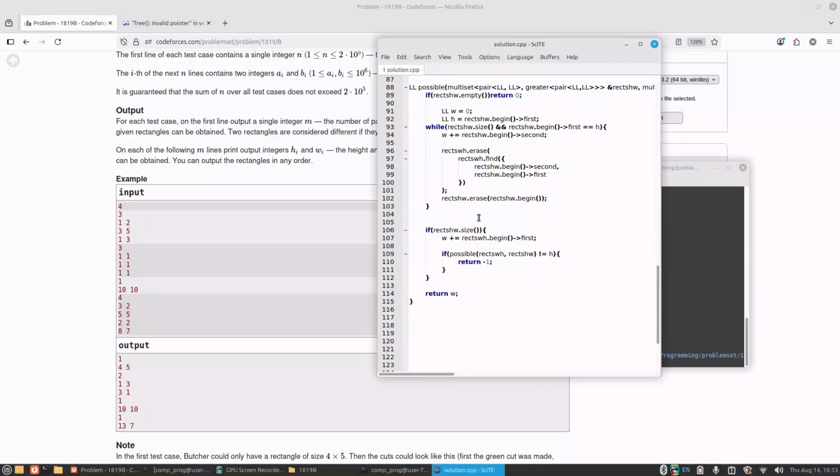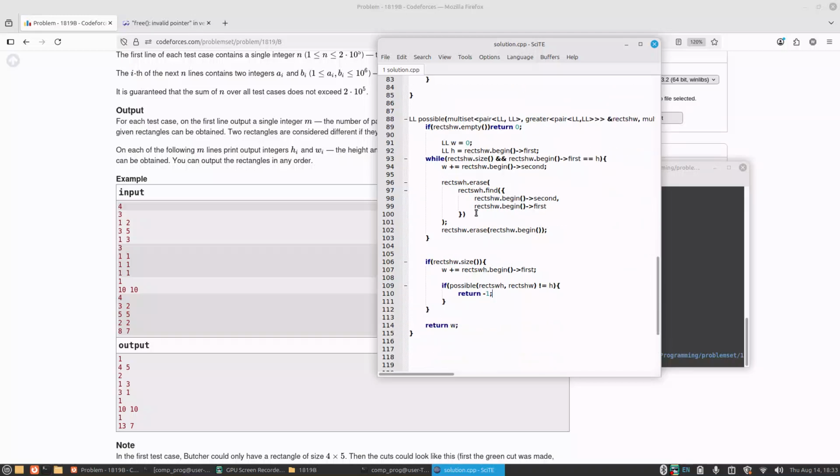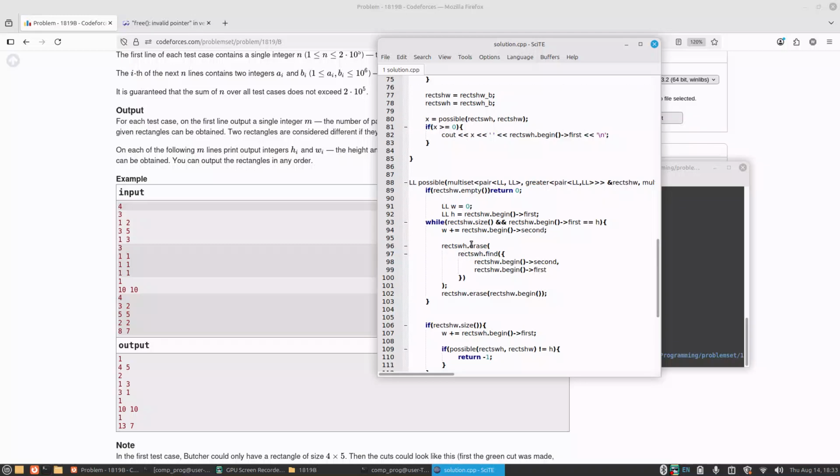So it's not returning this correctly. Was it returning W?